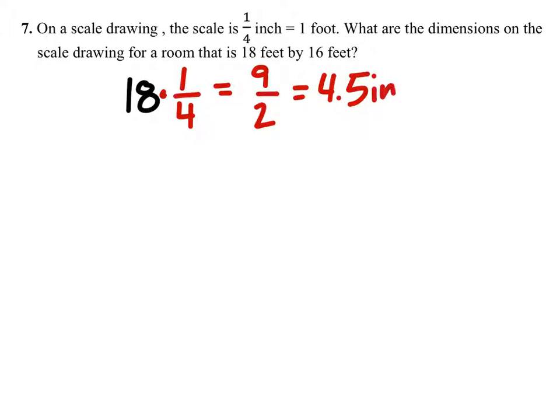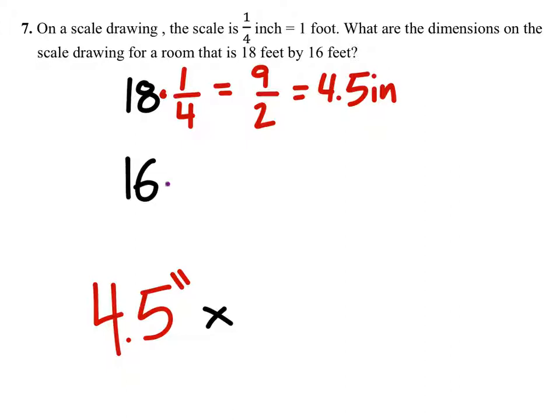Don't forget about the labels on these though. So far we got 4.5 inches. And this will be by, on this one it's 16 feet. And every one of those is 1/4 of an inch, so I'm just going to multiply it by 1/4. And that would give me 4 even inches.